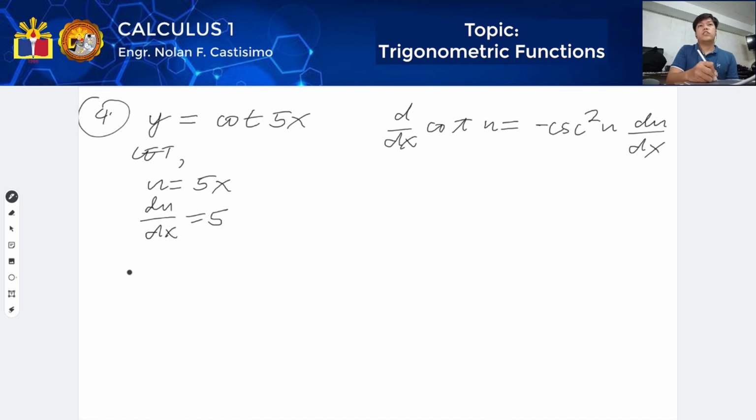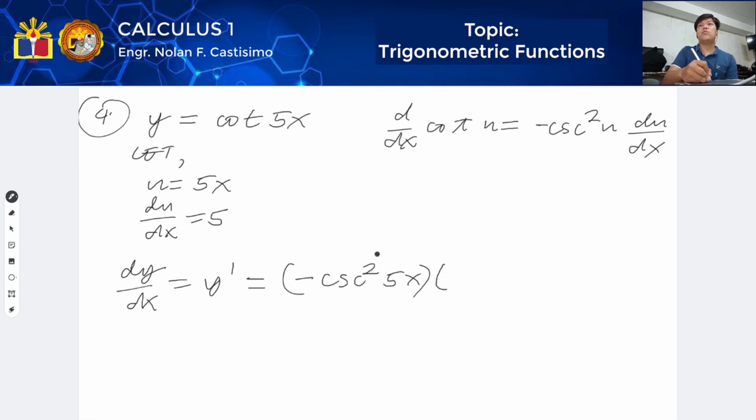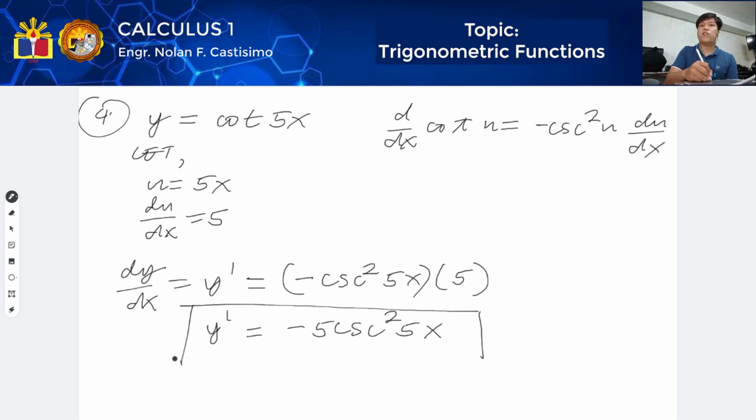So, dy over dx is equivalent to y prime equals negative cosecant square u. Ano yung u natin? 5x. Lagyan natin ng parenthesis. Multiplied to 5 kasi yun yung du over dx natin. So, simplify lang natin. y prime is equivalent to negative 5 cosecant square 5x. So, this is our final answer for example number 4.